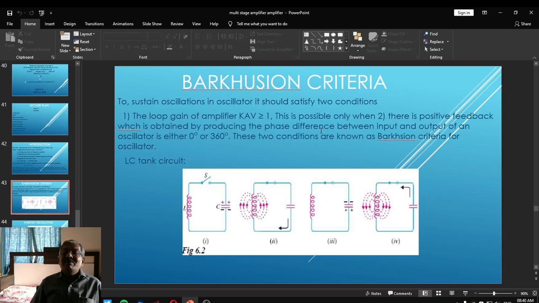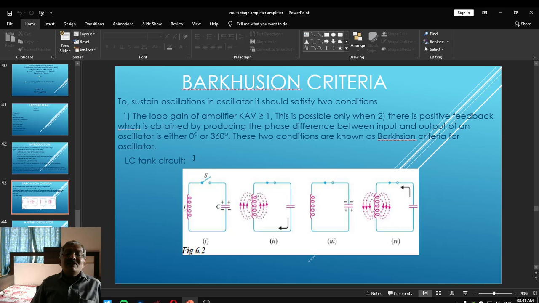Basically, tank circuits are of two types, using which we will see how oscillations are going to be generated.